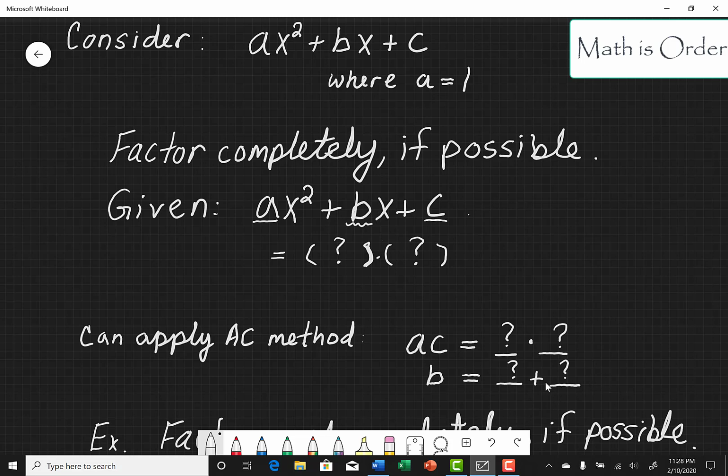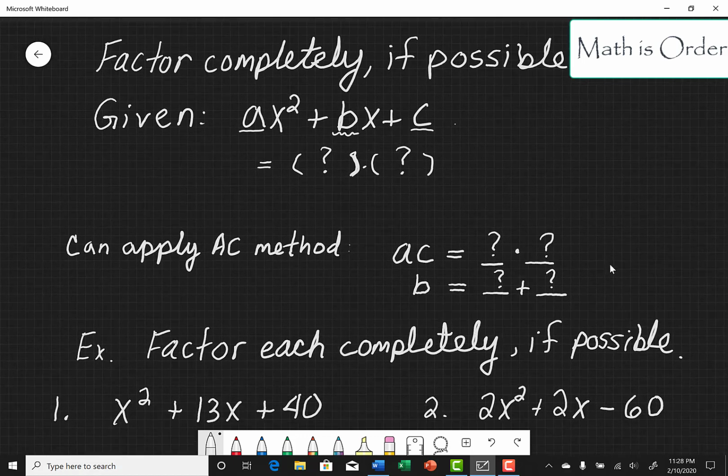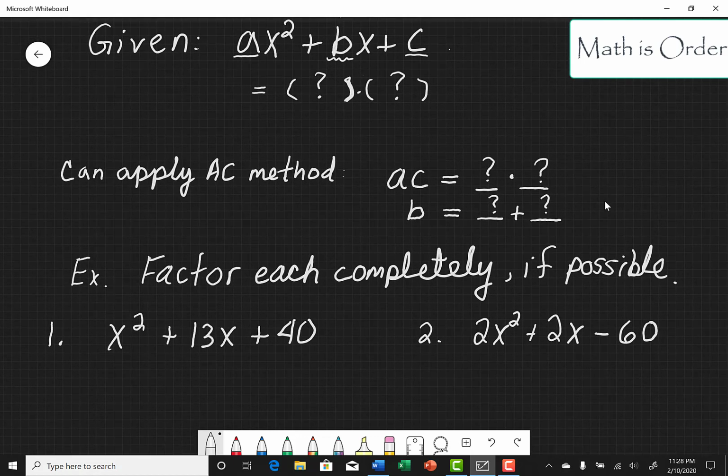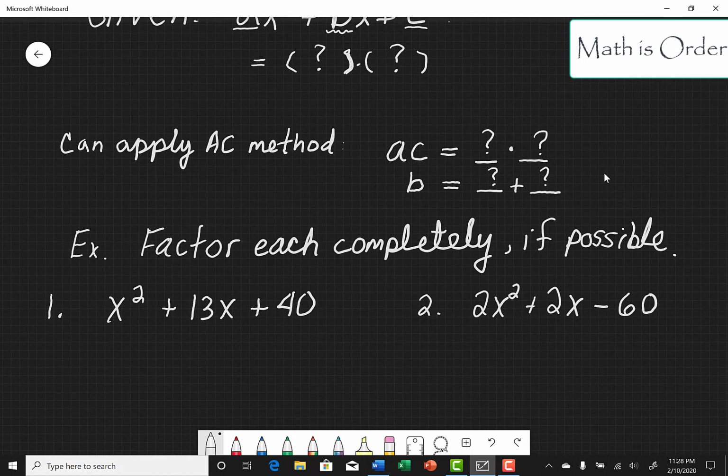It's not easy to describe the method, but let's look at a few examples and hopefully it will become clear.